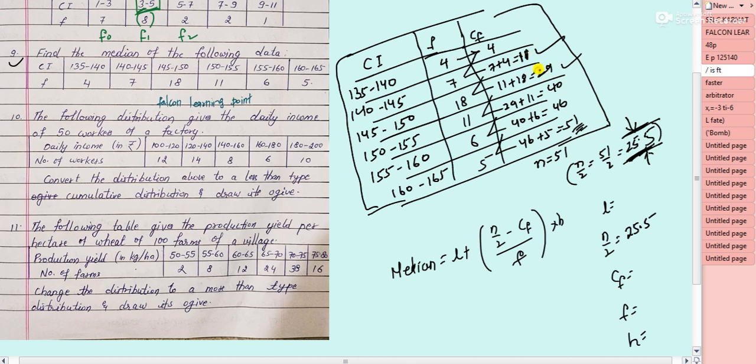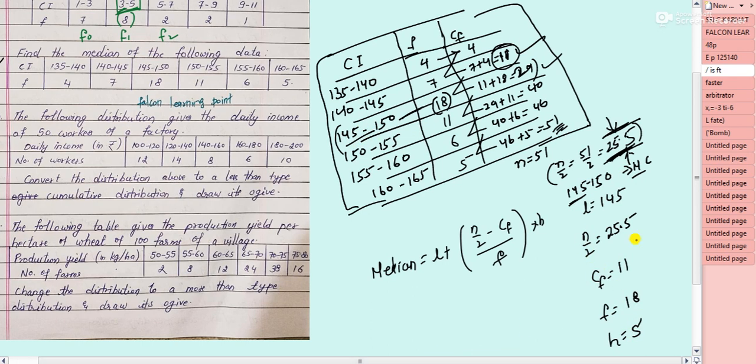Now the bigger one you have to select. That will be your median class. So median class is 145 to 150, and L is the lower limit of that median class. CF is the preceding value, 11, and F is the frequency of the median class, that is 18, and H is the difference, which is just 5. I hope you got all the values.